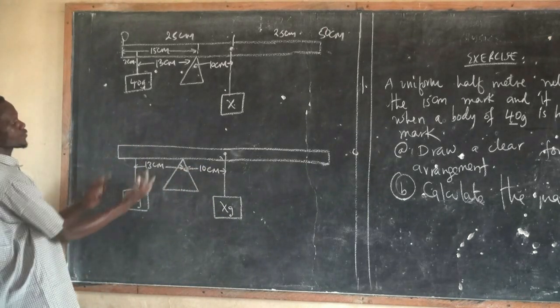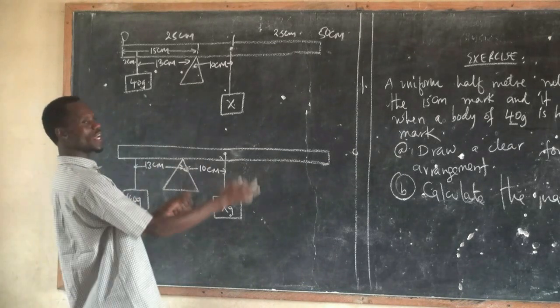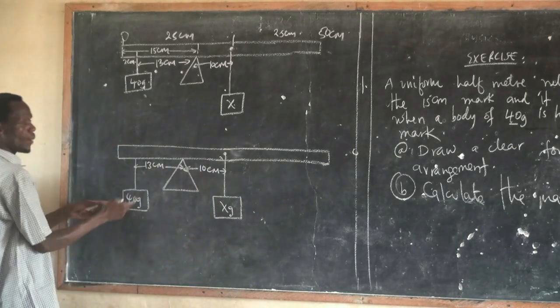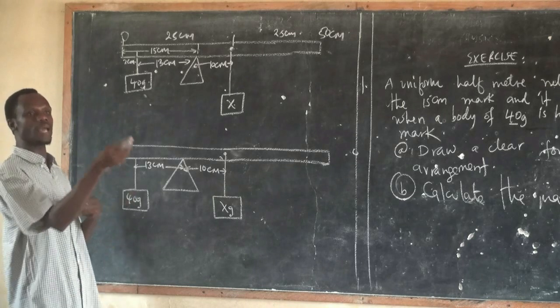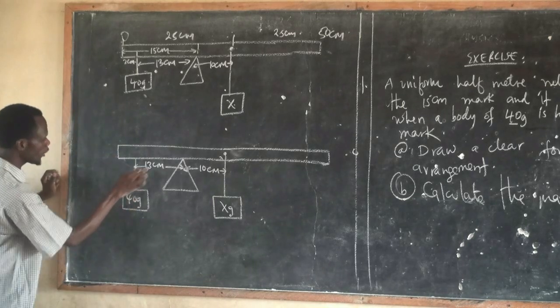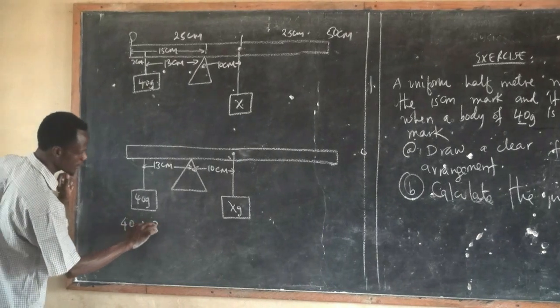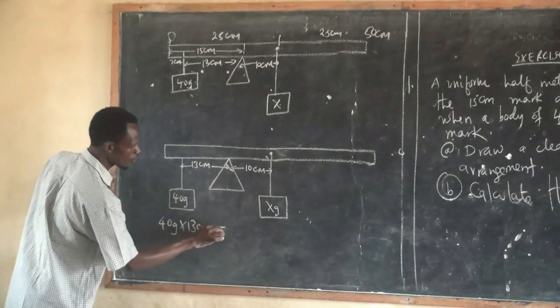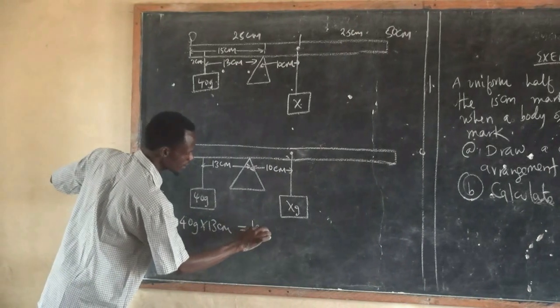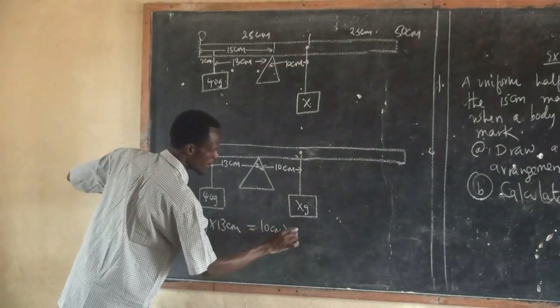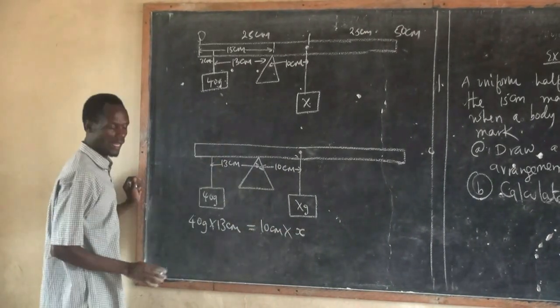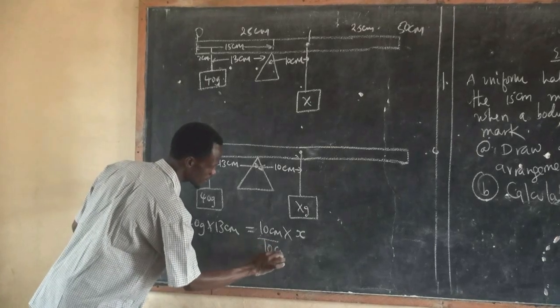The sum of clockwise moments is equal to the sum of anticlockwise moments. A moment is obtained by taking the force times the distance. Here we have 40 grams times 13 centimeters is equal to 10 centimeters times X. Then we divide both sides by 10 centimeters.